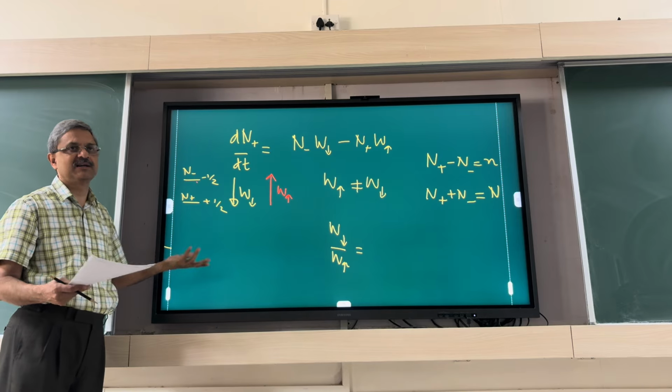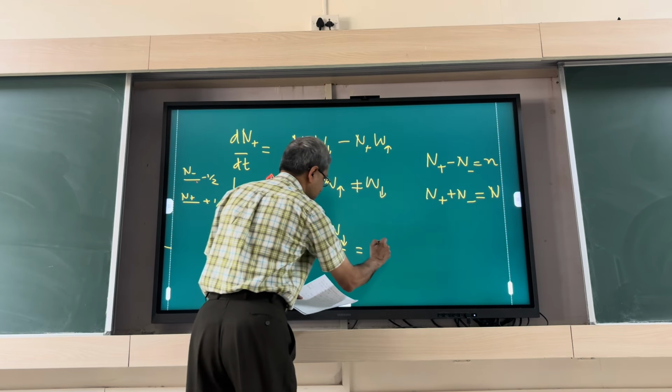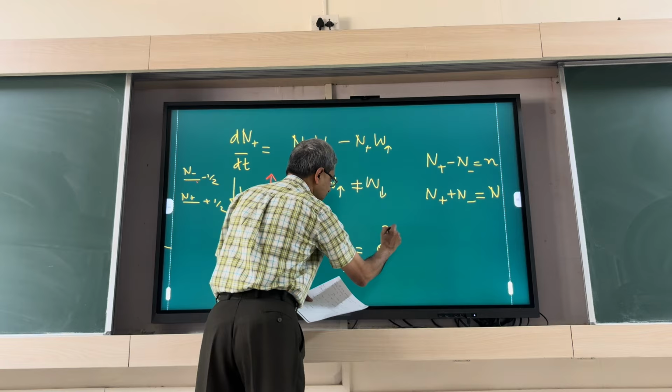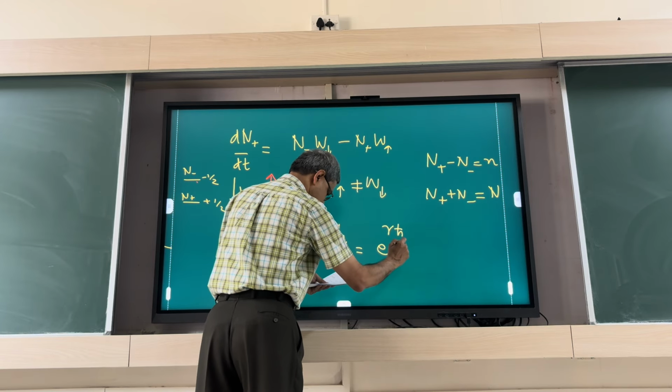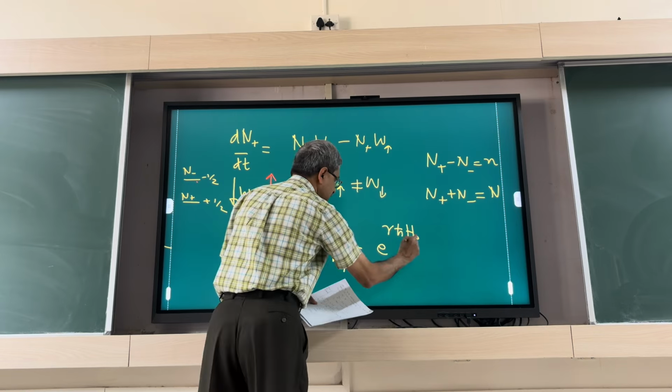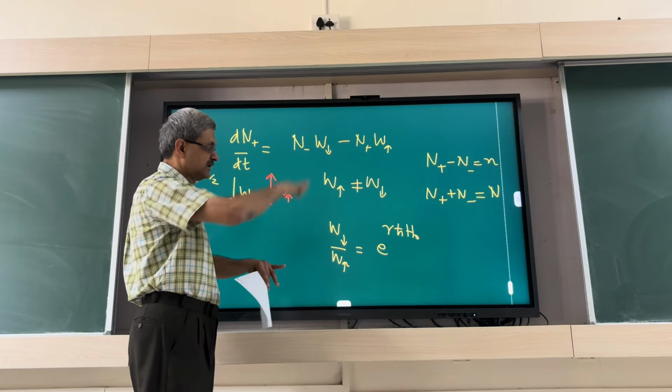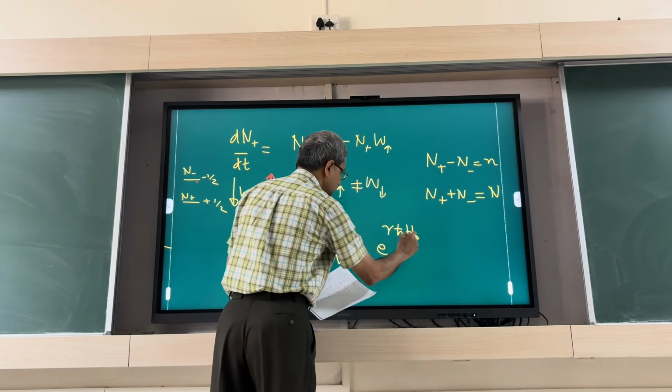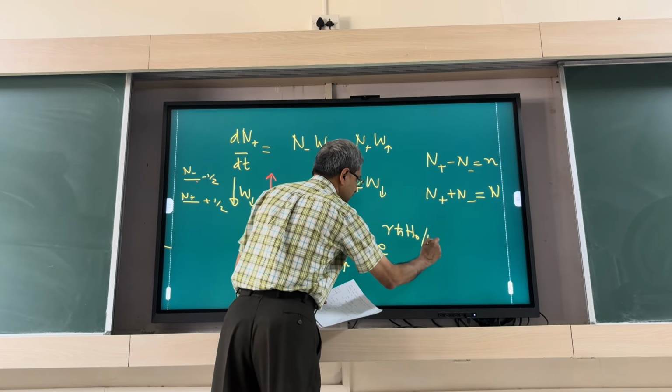So their transition rates must be different, and this comes out to be e to the gamma h bar H naught, the applied field and the Zeeman effect creating these levels, by kBT.